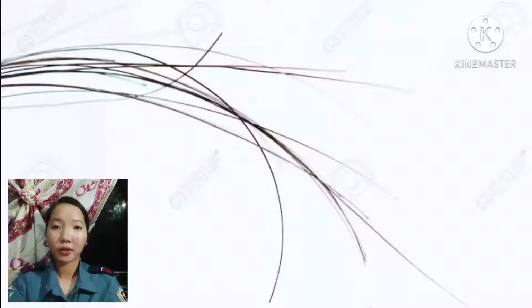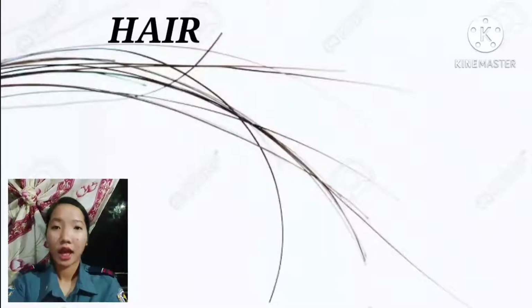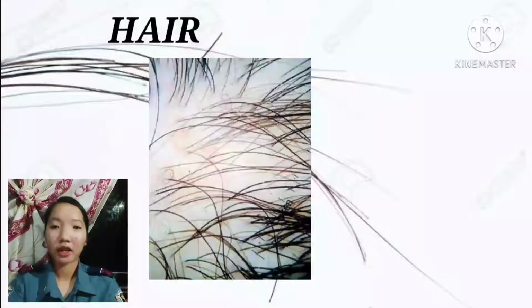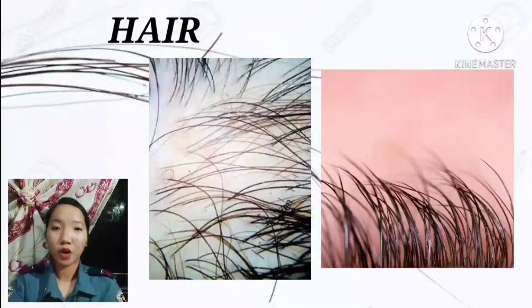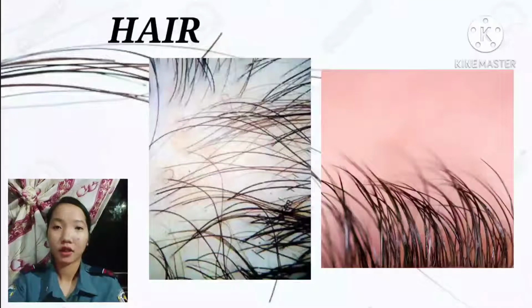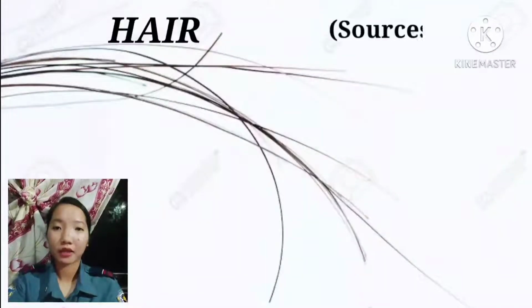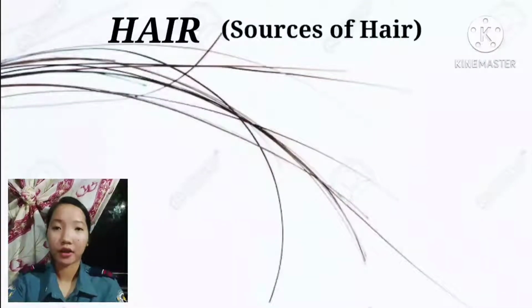So let's start with the hair. Ito ay ang fine thread mark or ang parang hibla ng sinulid na tumutubo or nag-grow sa human, mammals, or animals. Then, we have the sources of hair.